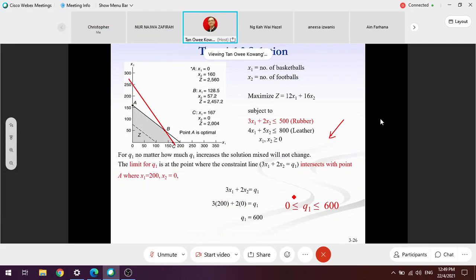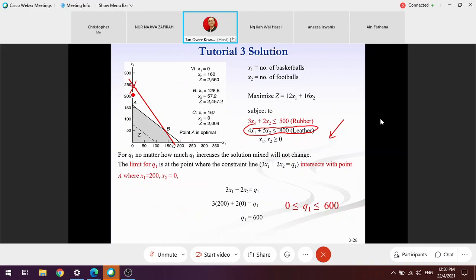Then second ialah, if now I want to do constraint 2. Constraint 2 itu ialah the line in the black color here. Sekali lagi we know, kalau optimum point ialah dekat X2, there's only one limit dan point ni jangan ambil kira.